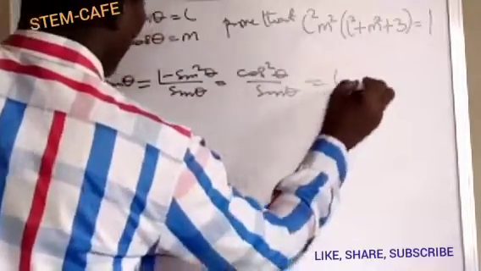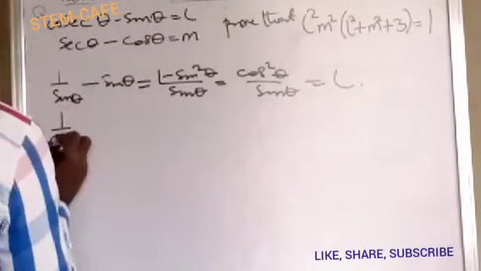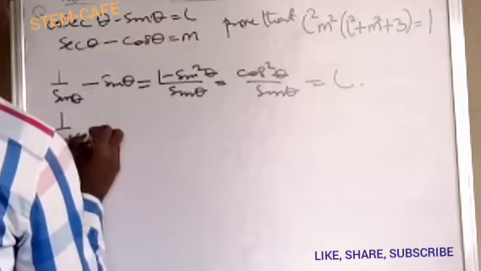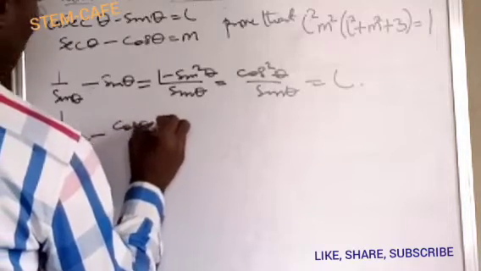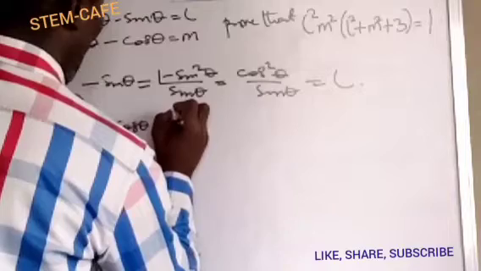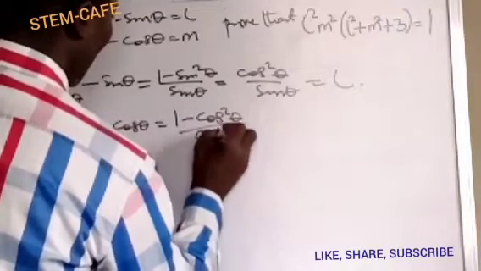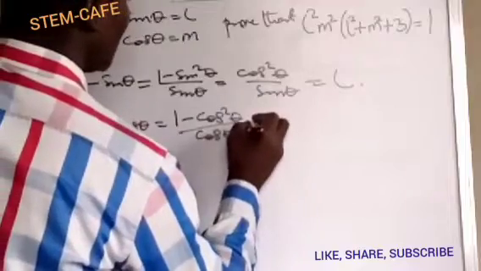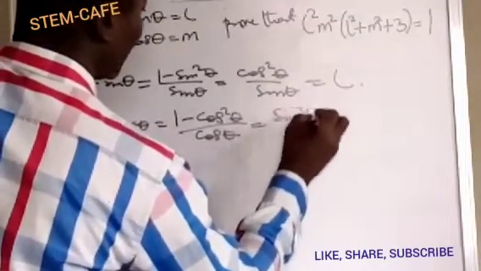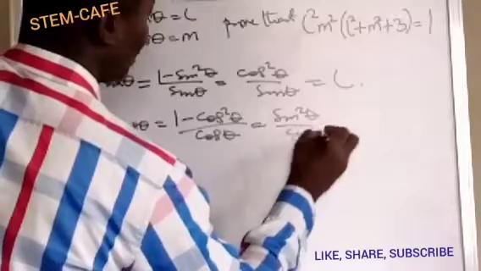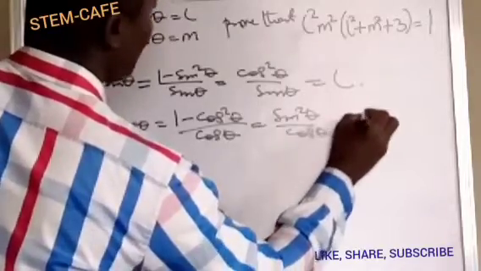That gives me l. 1 over cos theta minus cos theta is 1 minus cos squared theta over cos theta, which equals sin squared theta over cos theta, equals m.